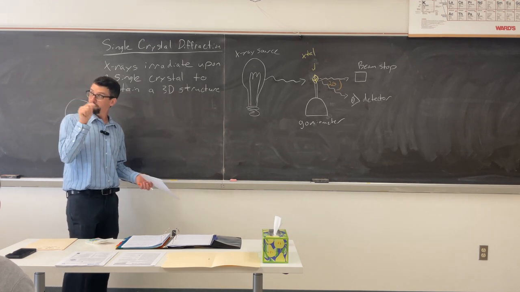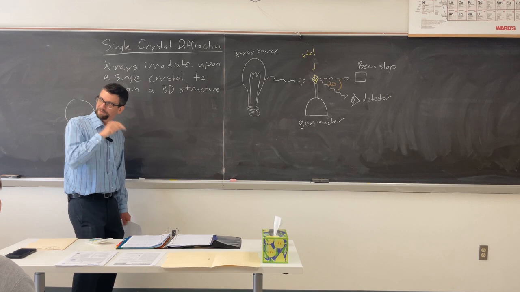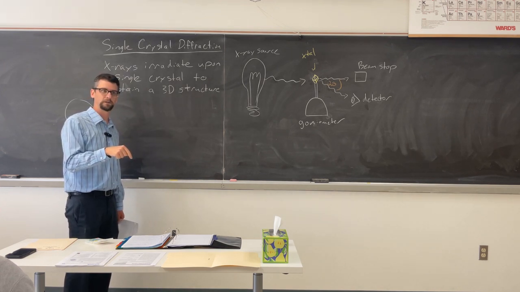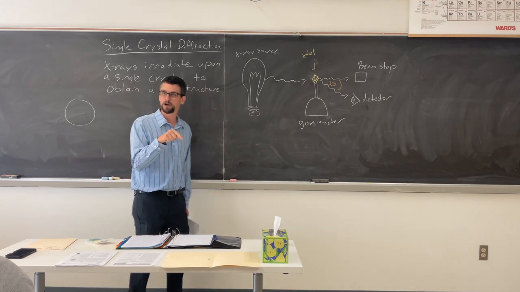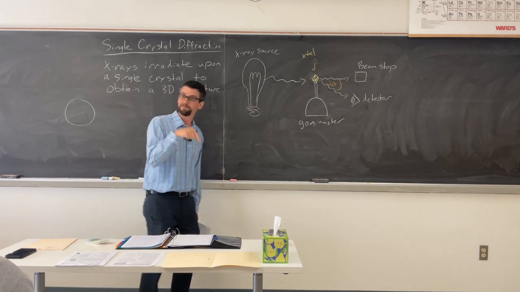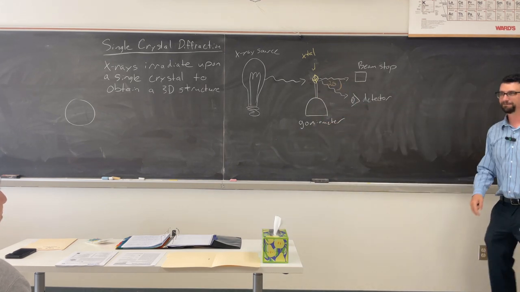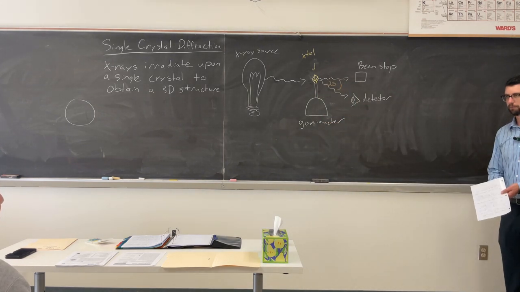We could stop the beam and take one measurement at a time, but you need something in the range of 50,000 reflections in order to build a 3D structure. So we turn something on and off 50,000 times. That's going to burn that thing out. You're in a closed chamber.